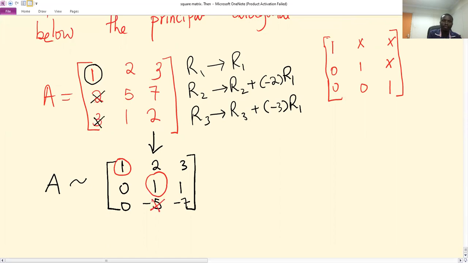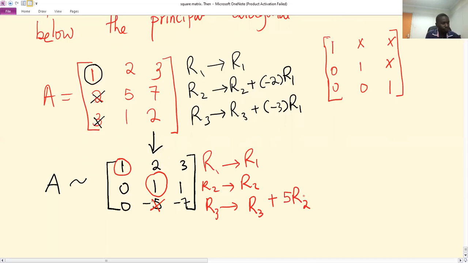Now row 1 remains row 1, row 2 remains row 2 because it's in the correct form, but row 3 will be row 3 plus 5 times row 2, so that when I add, I get 0 here.